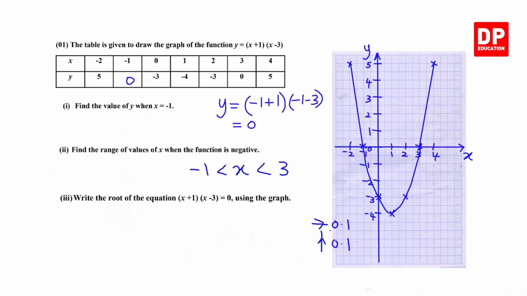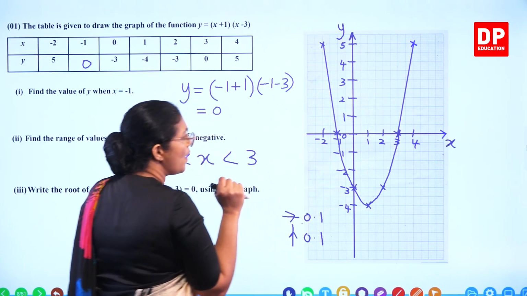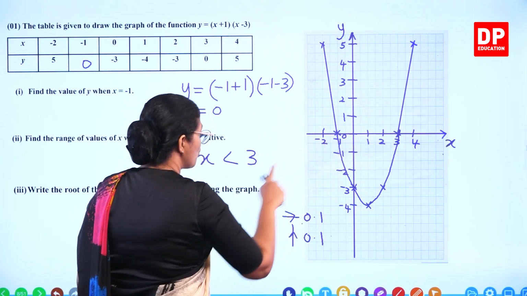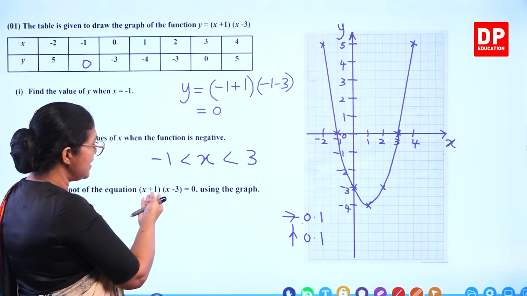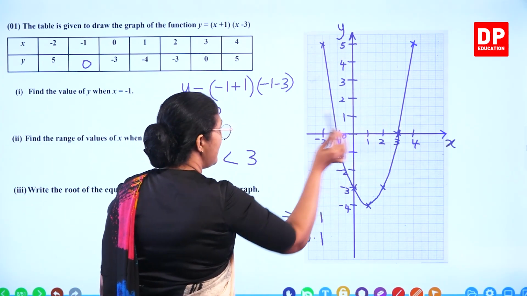So what about the next one? Write the roots of the equation (x plus 1)(x minus 3) equals 0. So that means y equals 0. What happens? y equals 0 means on the x-axis. What are the root values? When you solve the equation, you can easily get the answer. That's -1 and 3.